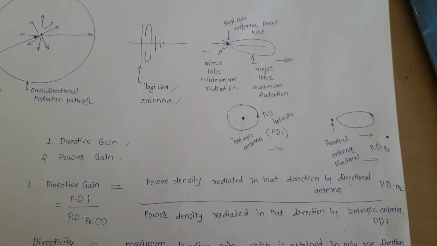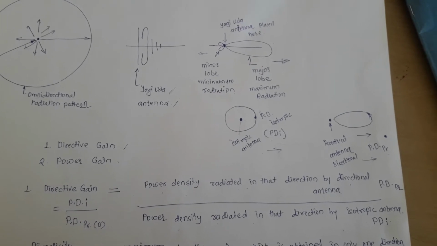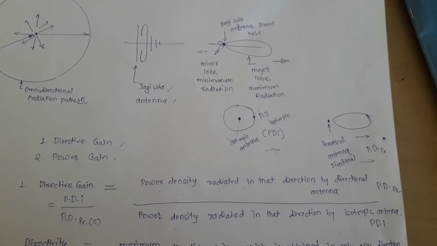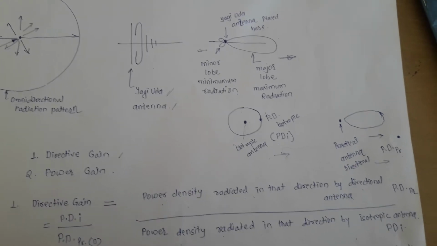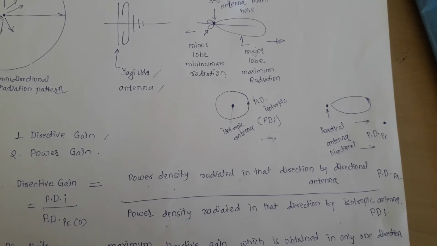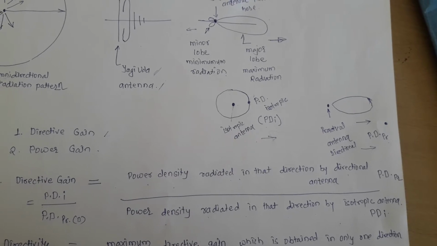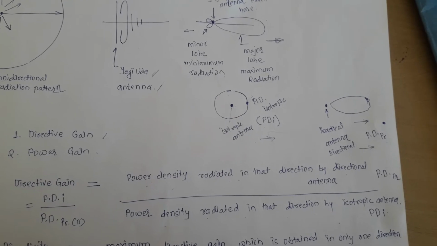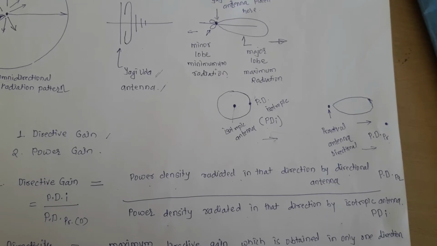I will repeat once again. Directive gain is the ratio of the power density radiated in that direction by the directional antenna divided by the power density radiated in that direction by the isotropic antenna. This directive gain is also called the power ratio, because there is a relation between the power density of the isotropic and the power density of the directional antenna. Both power densities are measured in the same direction, and both antennas radiate the same amount of total power.